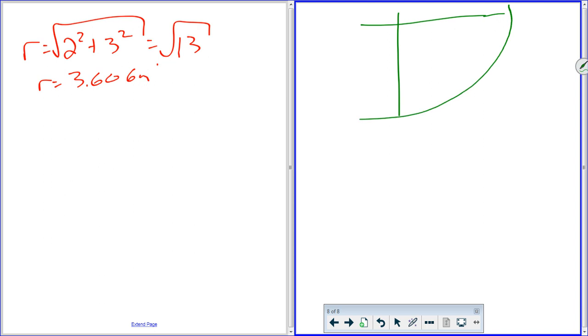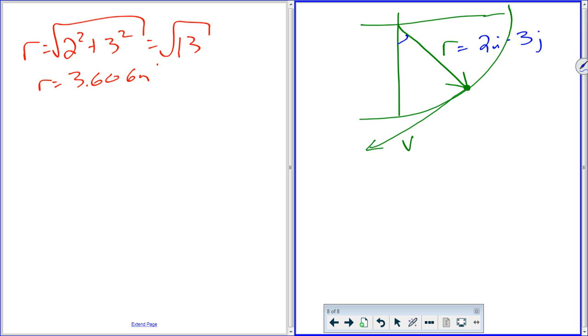It's going down to the left. There's our r. Remember I told you guys that I had the signs wrong on my answer? Okay, so we know that this was 2i minus 3j, right? Okay.